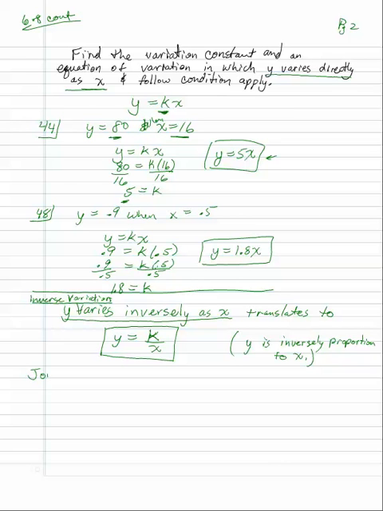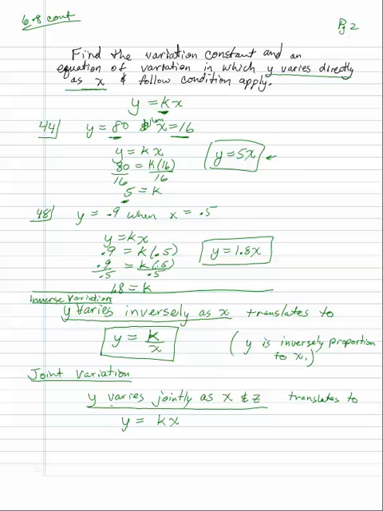And then we have joint variation, which basically is a combination of more than one variable. So y varies jointly as x and z translates to y equals kxz.